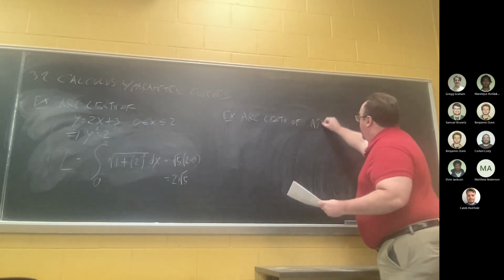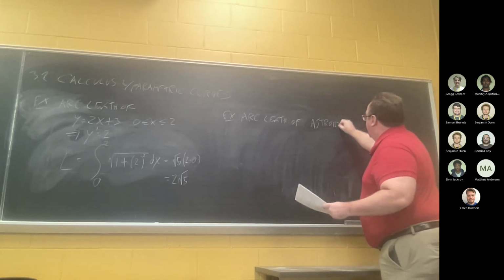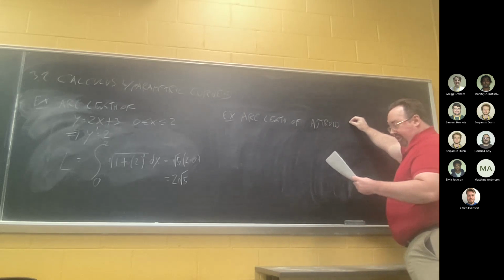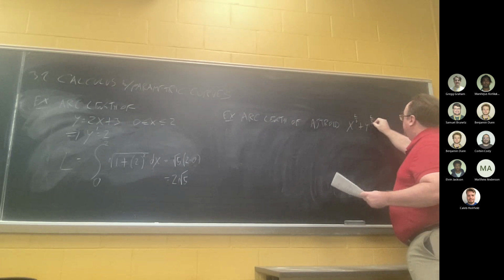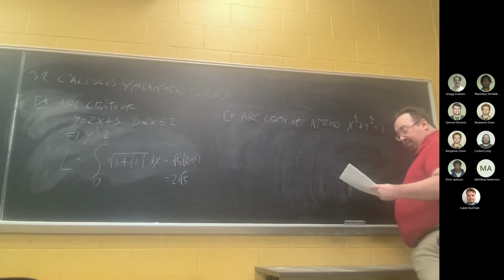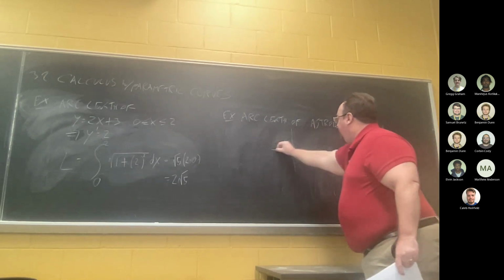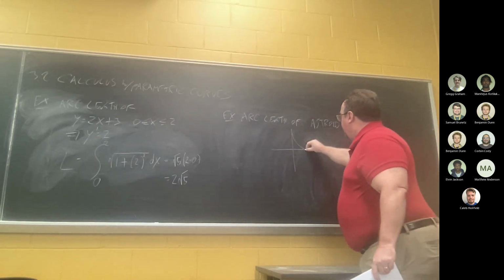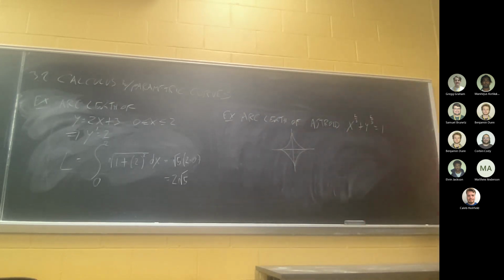I mentioned this before, the asteroid: x to the 2/3 plus y to the 2/3 is equal to 1. Now, I've drawn the asteroid before. It looks like this. It's kind of like something from a Pittsburgh Steelers logo, that kind of shape.